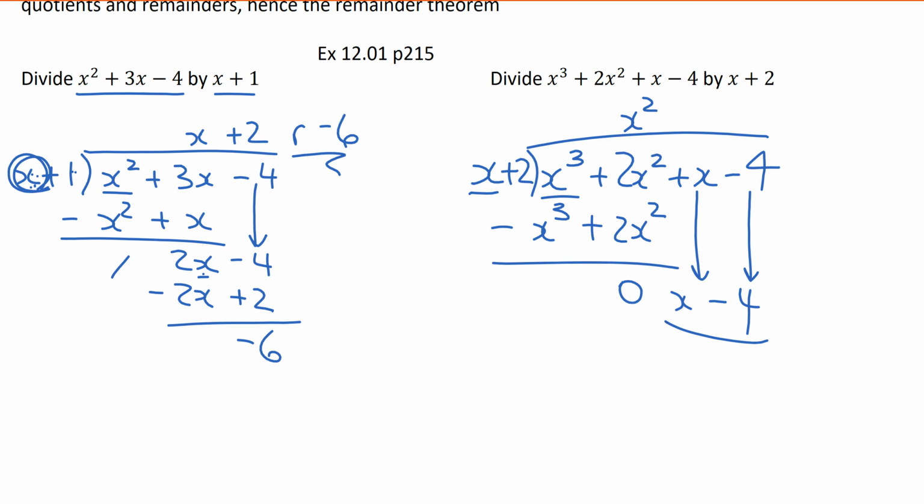Because I'm trying to see how many times the x plus 2 goes into the x minus 4. To do that, I ask how many times does x go into x? 1. I haven't got any x squared terms there, do I? Why not?